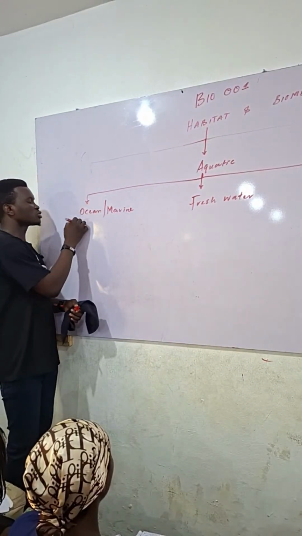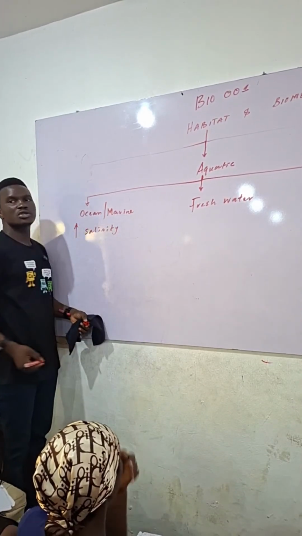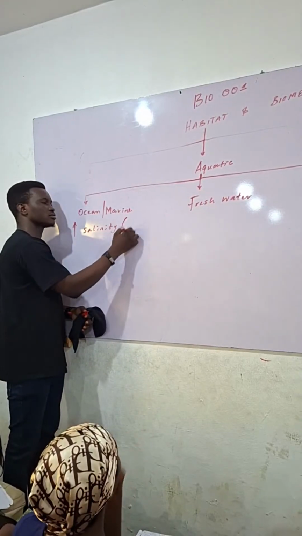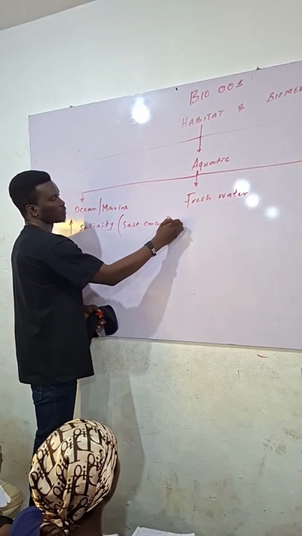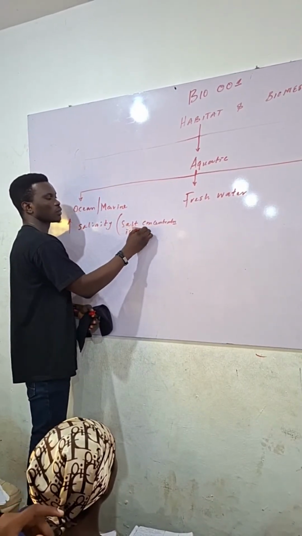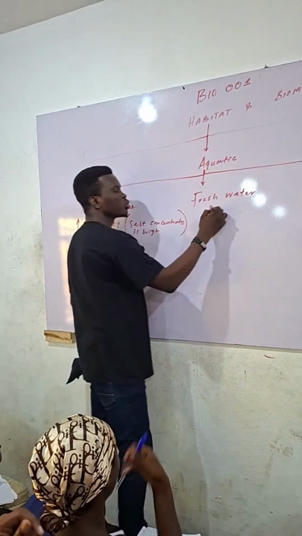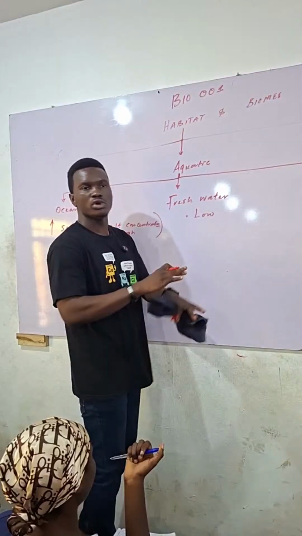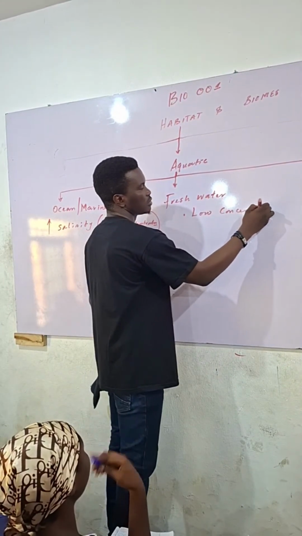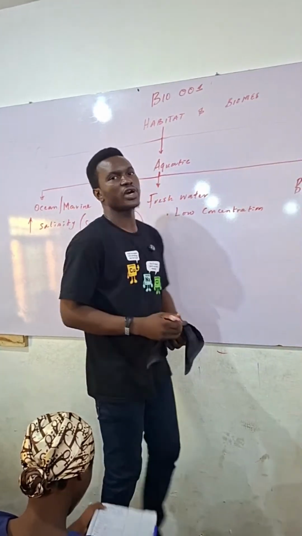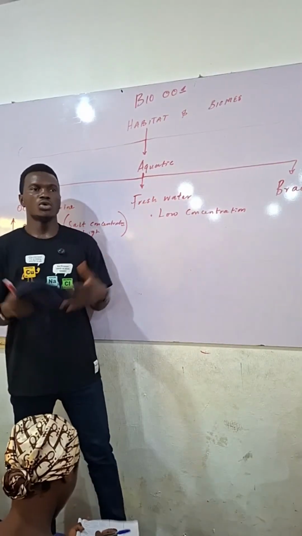Marine. So this one has high salinity. The salt concentration is high. For fresh water, they have low or even no salt concentration, depending on the fresh water you are talking about.